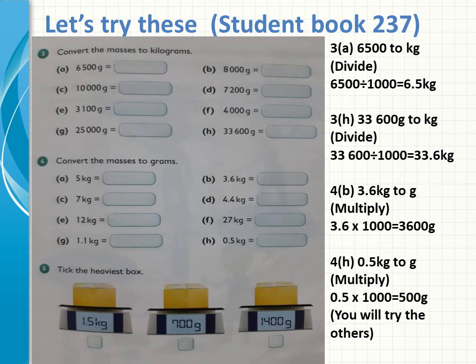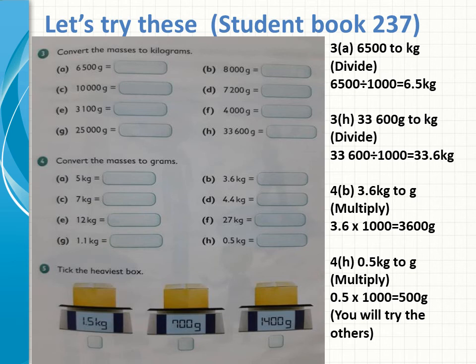But let me try with you the fifth question. Tick the heaviest box. We have the first box 1.5 kg, second box 700 grams, third box 1,400 grams. Do you know what you should do? The first thing you do is convert all the mass to the same units.